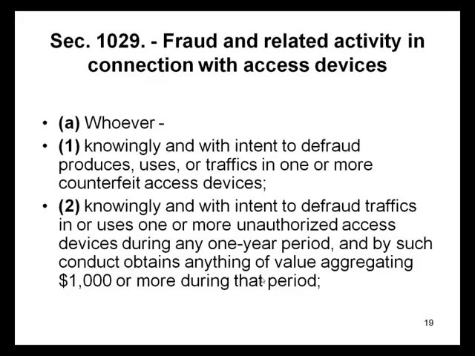We're going to move on to what the trader called the substantive statutes, which are the actual crimes. The first one is 1029, which is fraud and related activity in connection with access devices. Again, it's got a very interesting history.